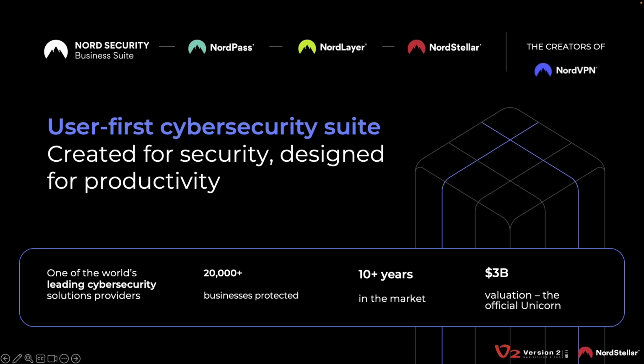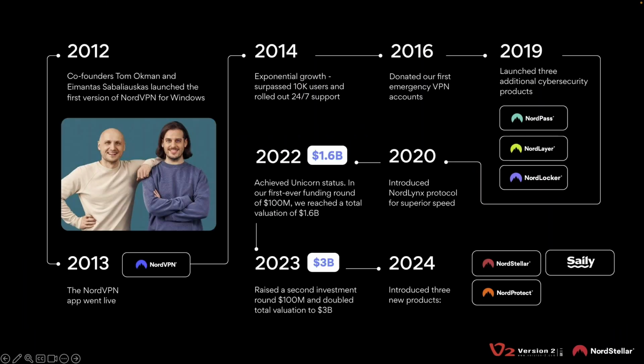Just to give you the overview of what Nord Security does, I'm going to do that in only a few minutes. The whole history of Nord Security started in 2012, when a few founders founded the organization.